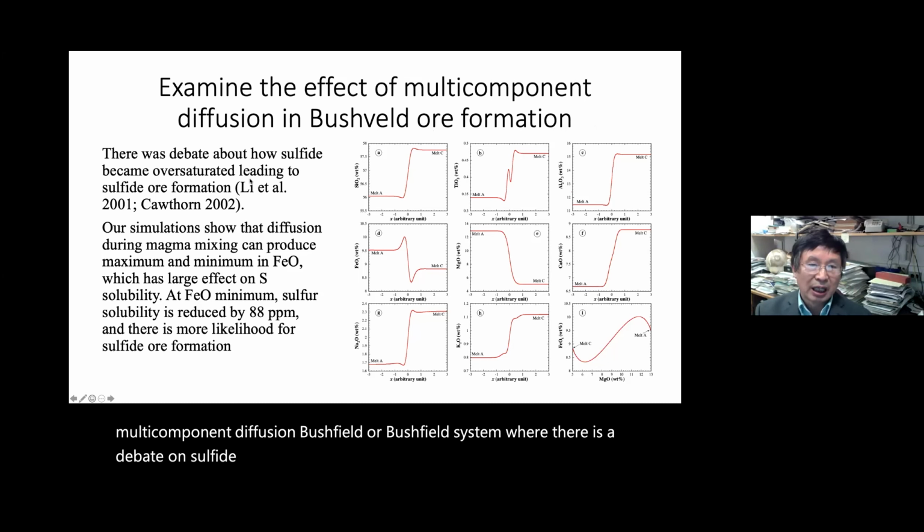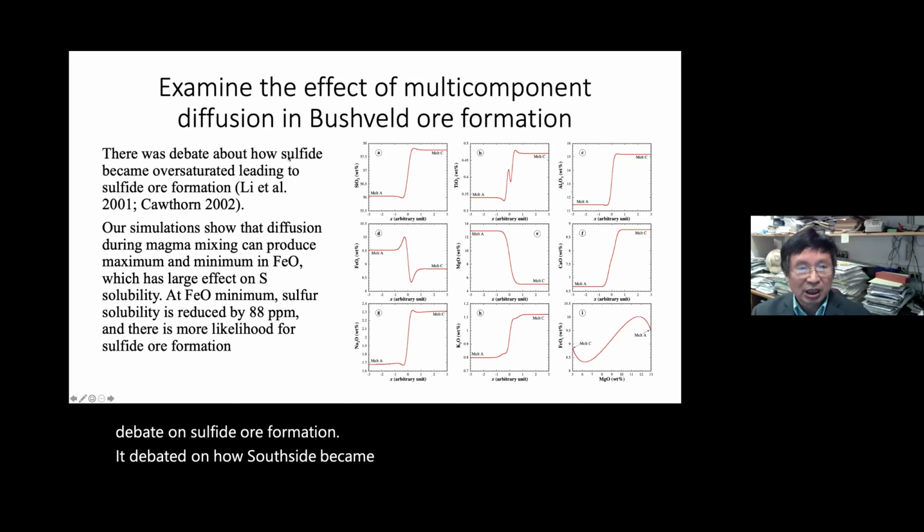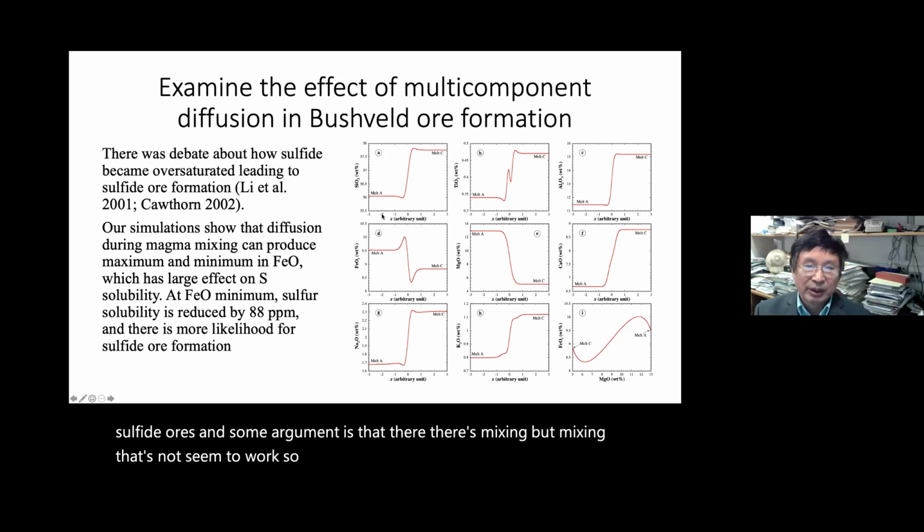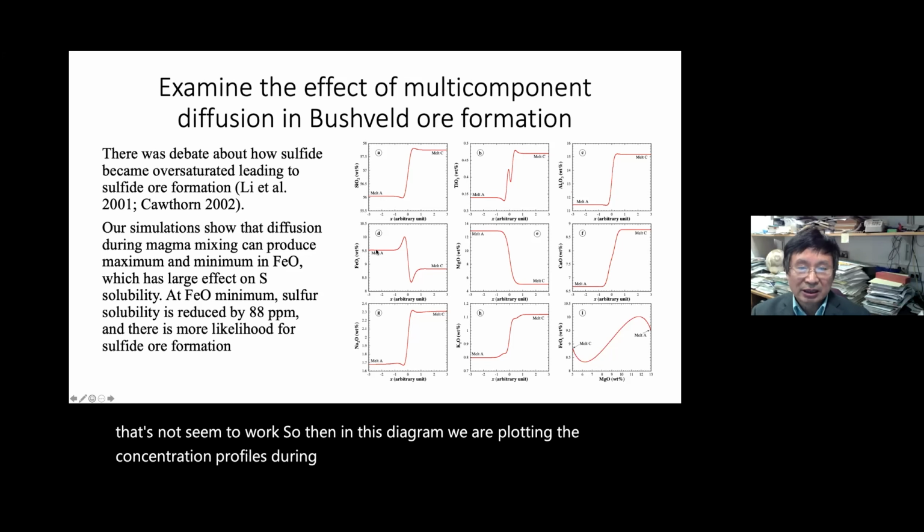They debated on how the magma became so oversaturated in sulfide to form the sulfide ores. And some argue that there is mixing, but the mixing does not seem to work. So in this diagram, we are plotting the concentration profiles during magma mixing. You can see that FeO diffusion shows uphill diffusion, there's a maximum and a minimum.